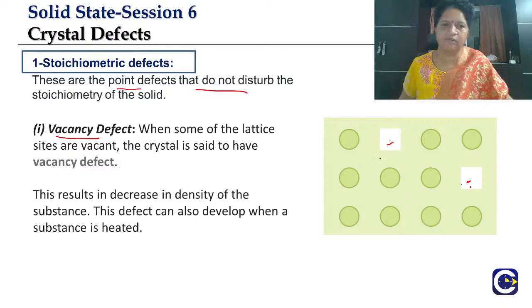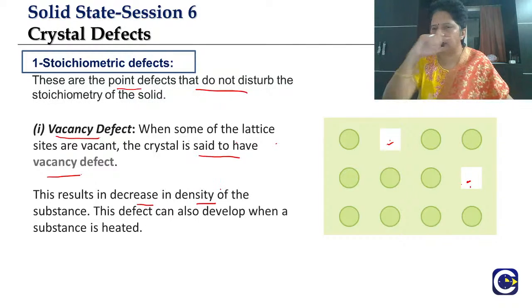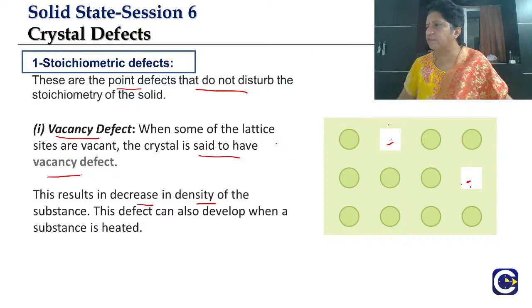Even with a vacancy, the formula does not change. When some of the lattice sites are vacant, the crystal is said to have a vacancy defect. This results in a decrease in density. Why will density be lower? Because the empty space is becoming more. So density will be lower.